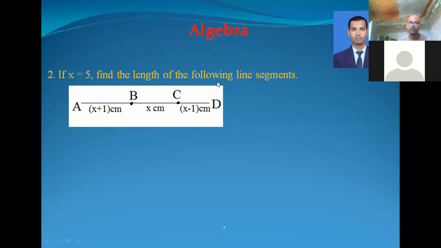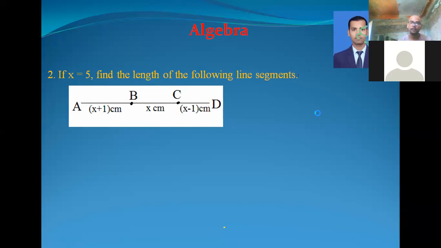And according to the question, we have to find the length from A to D. So we have to add all the expressions, all the parts of the line, to find the length of the whole line.